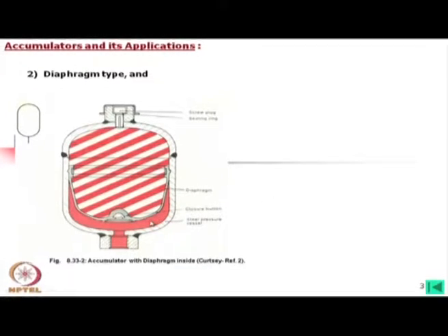Definitely pressure will vary. That means the pressure of this gas as well as the pressure of this oil will gradually reduce when it is being injected into the system, but obviously the lowest pressure here will be equal to or higher than the pressure required by the system.